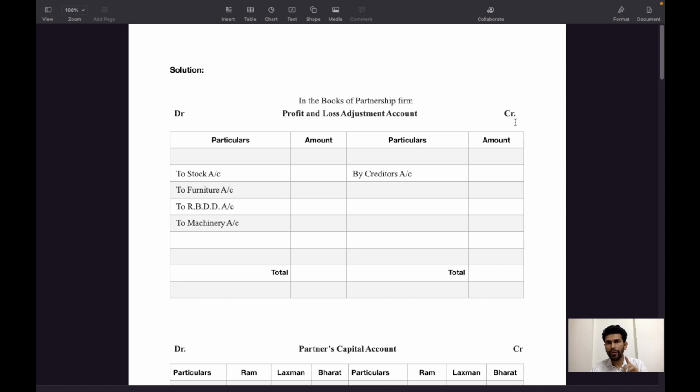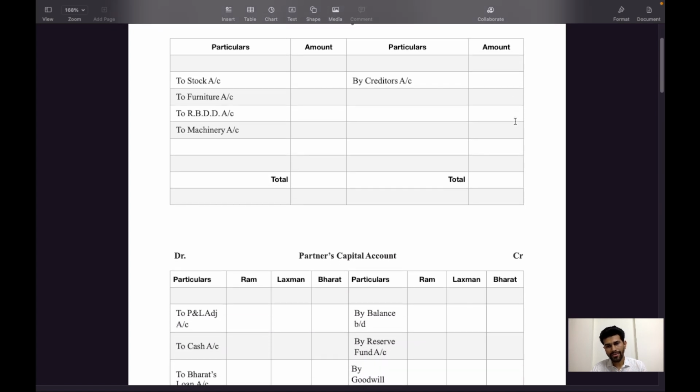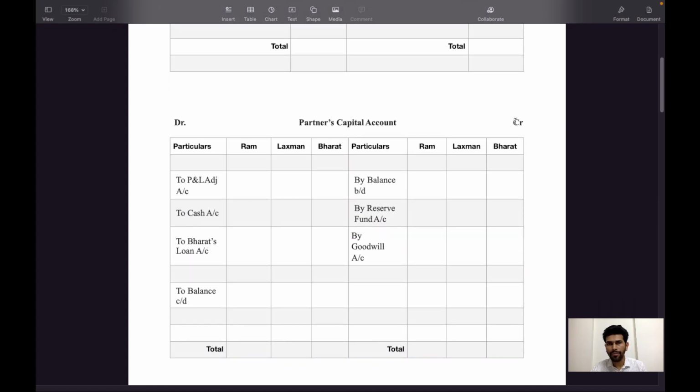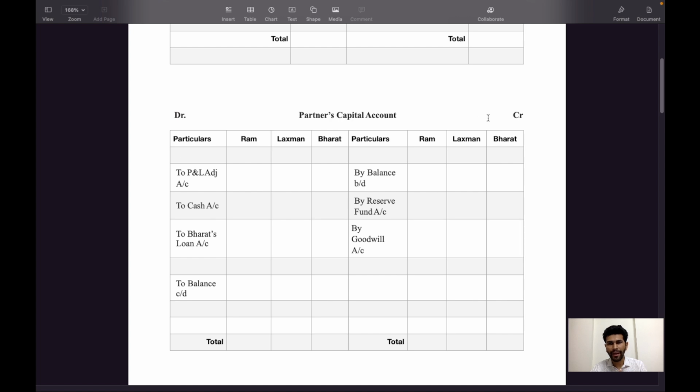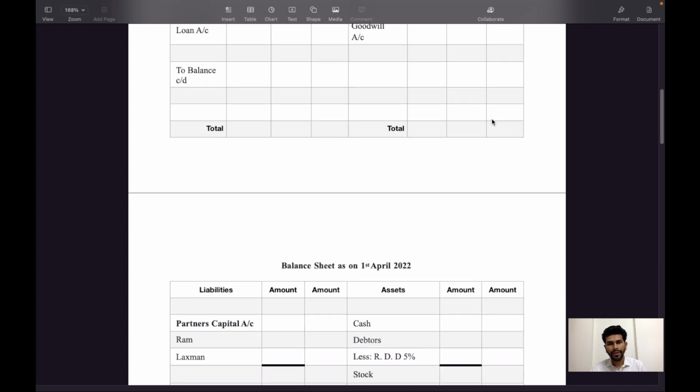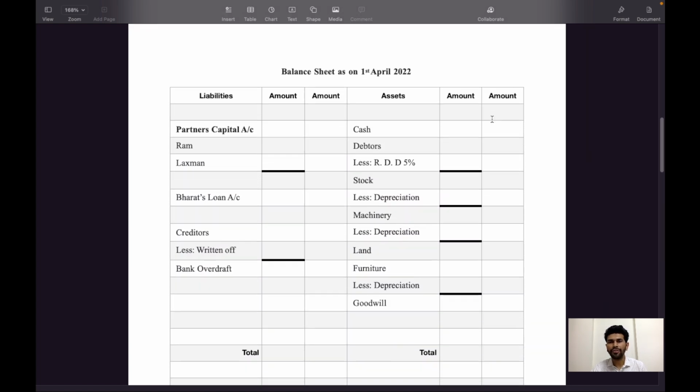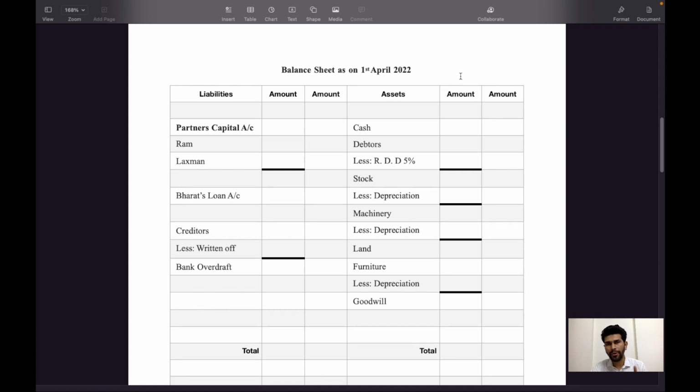On the credit side of profit and loss adjustment account, we will record all types of income and gain, and increase in value of assets or decrease in value of liabilities. Next is partners' capital account, debit side, credit side. Next, balance sheet as on 1st April 2022, that is after retirement.